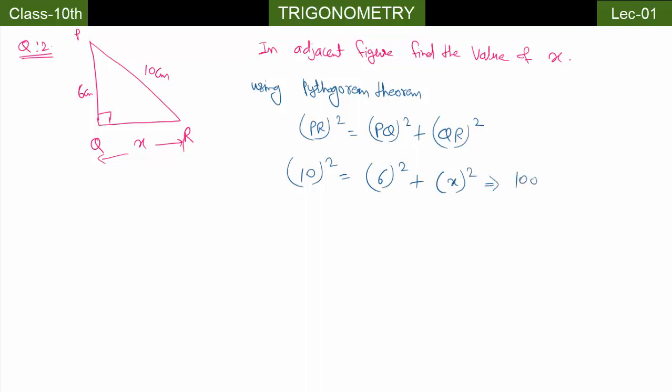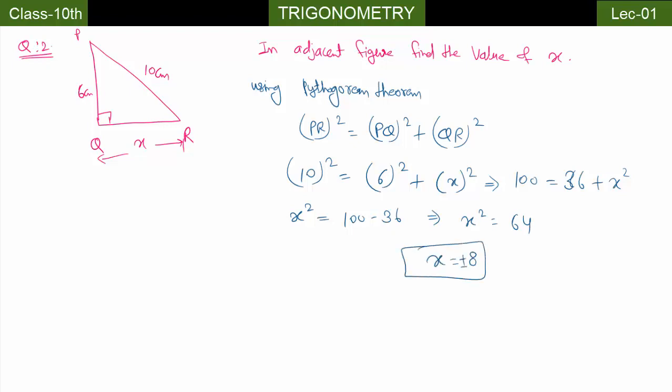From here I get 100 equals 36 plus X square. If I transfer 36 to the left hand side, I get 100 minus 36. While solving, I get X square equals 64, and here I get X equals plus or minus 8. So I get two values of X, 8 and minus 8.